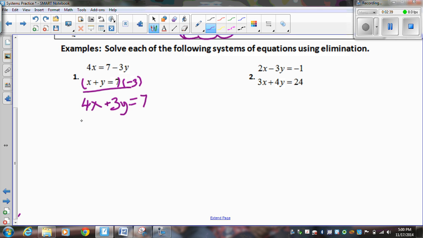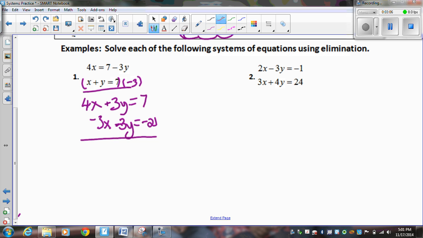So this becomes negative 3x minus 3y equals negative 21. Now you can see that the y values are opposites of each other.